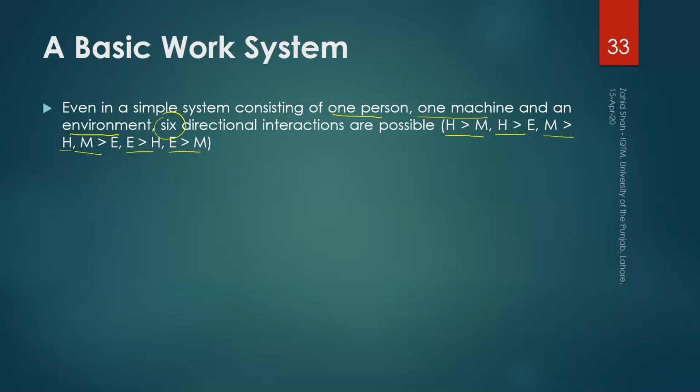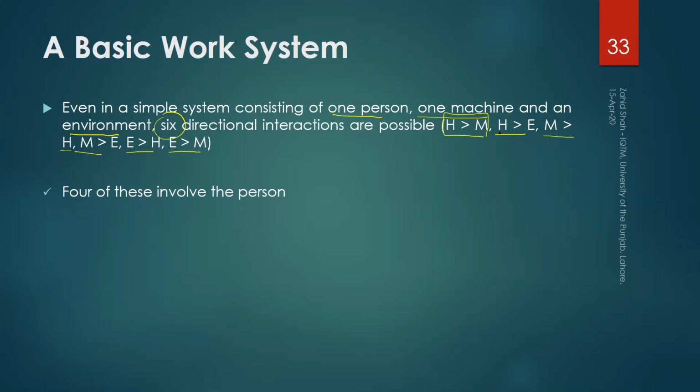And of course, there are more than one, and that is the case actually, more than one machine, more than one person. In fact, there are hundreds of such machines and individuals. So there could be maybe millions of interactions that might be possible in some cases. So 4 of these involve the person.